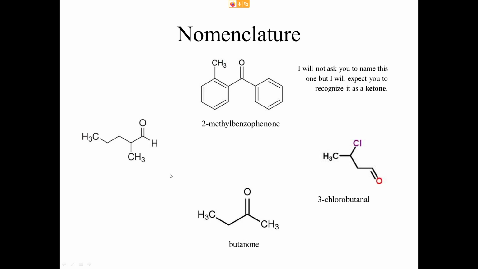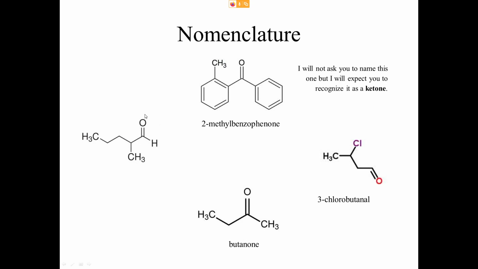Okay, how about the one on the far left? Highest priority thing: the aldehyde's carbonyl. So right there, this carbon must be number 1. What's the longest chain? 5. 1, 2, 3, 4, 5.